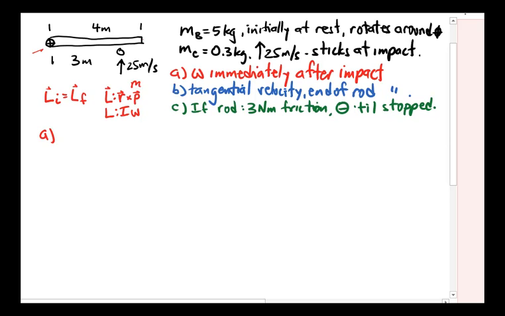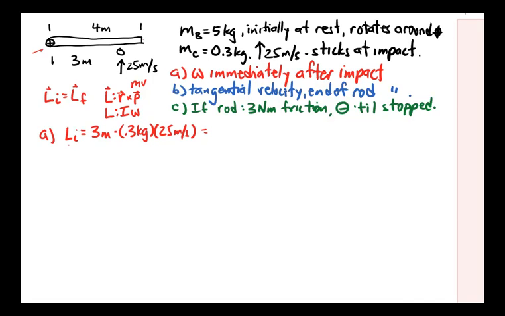Of course, our momentum is m times v. These are at 90 degrees, so we won't even have to worry about the cross product much there. Or I could say my angular momentum, analogous to translational motion, is I, our moment of inertia, times our angular velocity. Let's start looking at these values.